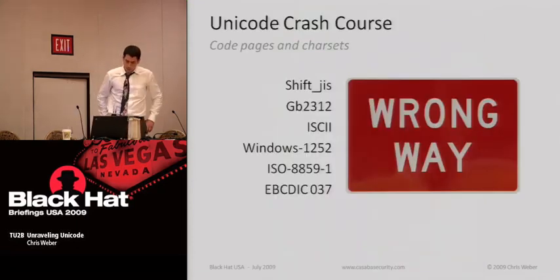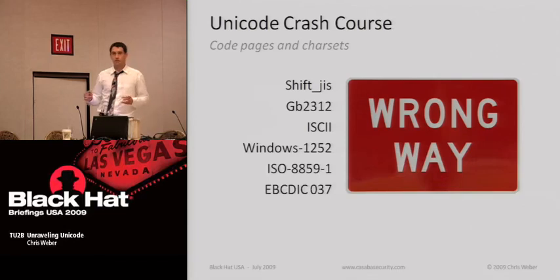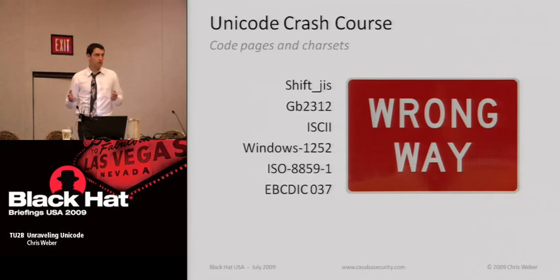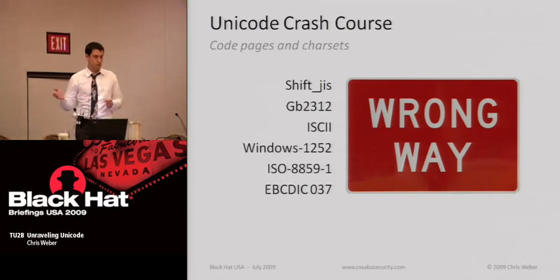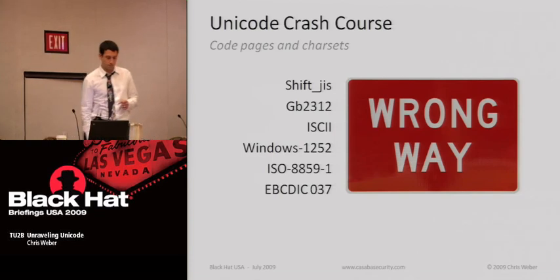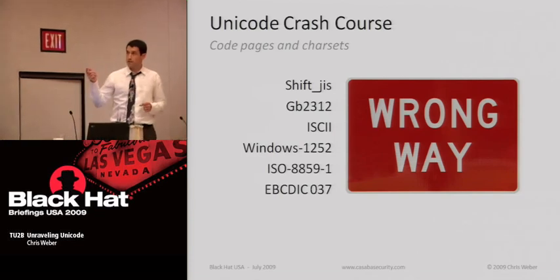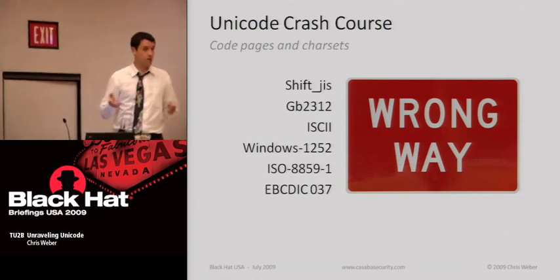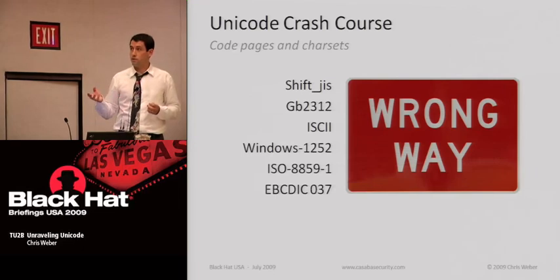Now, it used to be, when dealing with text in different languages, that we'd use code pages and character sets like Shift-JIS for Japanese, or GB2312 for Chinese. There's ISCII character sets. Then there's the traditional Windows character sets, 1252. There's a lot of history to character encodings and character sets.